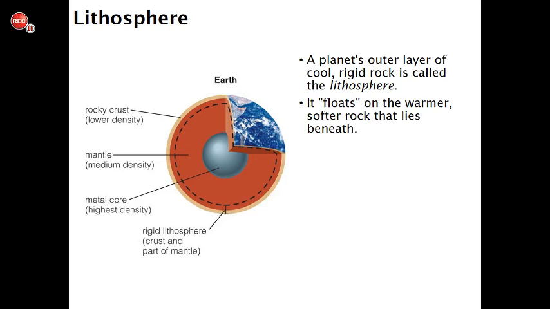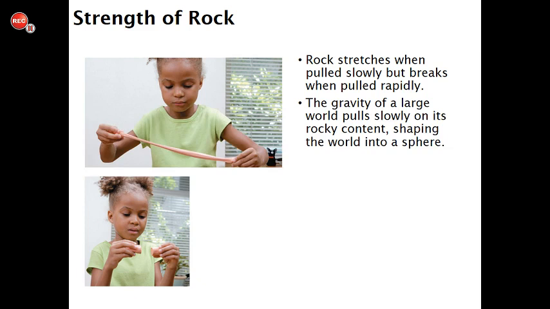The outer layer that is cool and rigid is what we also call the lithosphere. And it's the bit that floats on the more fluid rock underneath. And that's the thing: rock is not completely solid. You can think of it more like silly putty. If you try to snap silly putty in half, you can break it, but it's also nice and stretchy too.